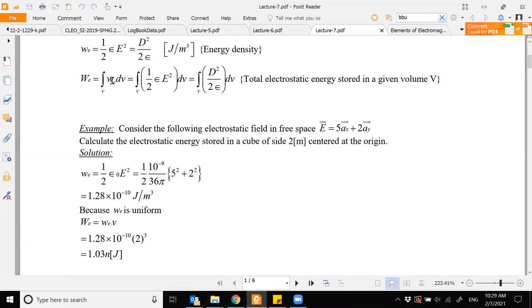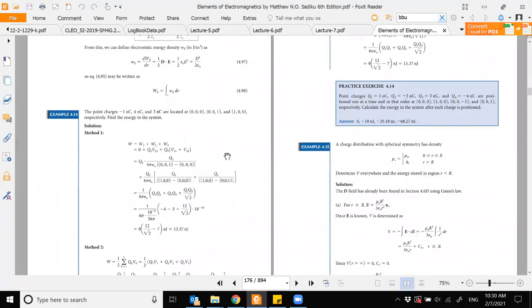That's why you can easily take it out and replace the integral of dV with the expression, because from schooling we know that the volume of a cube is side cube. But if it is not uniform, that means if it becomes a function of spatial coordinates, then you cannot do this. This is wrong. You have to keep it inside and then do the integration.